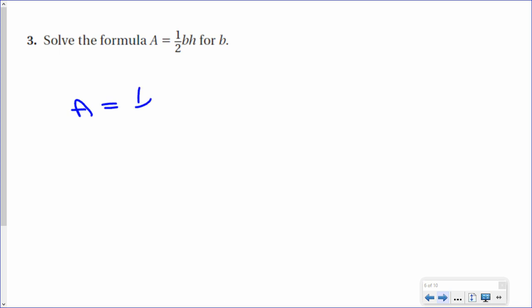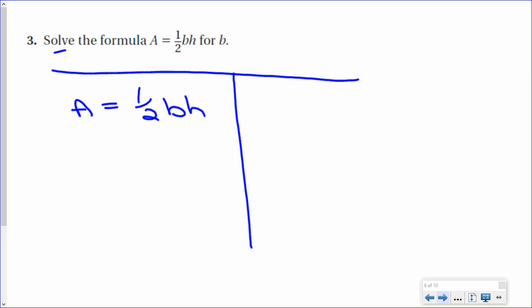Skipping this one, a little bit tougher, but a good one to go over. A equals 1/2 BH. Now we're going to solve this one for the letter B. Okay, so here's what we want to do. We have the given to start off with.